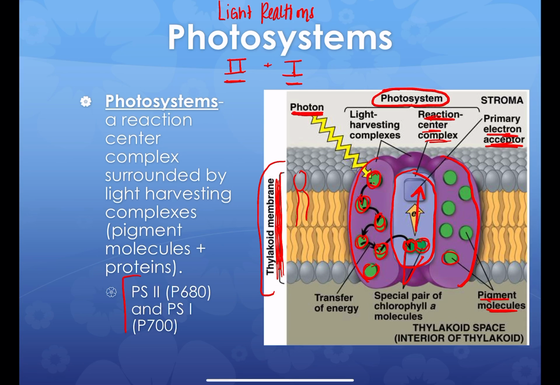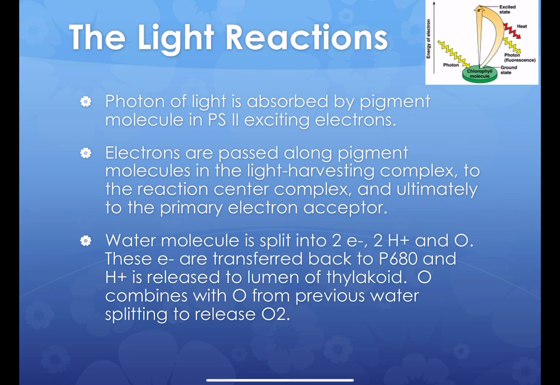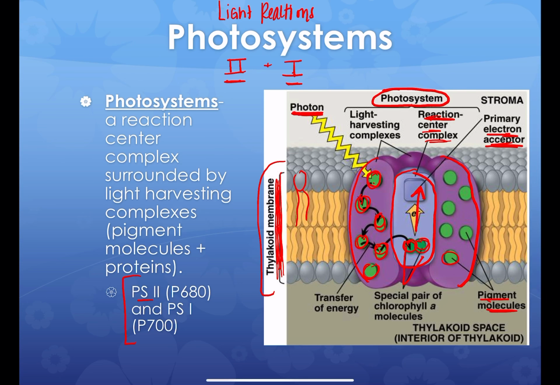Now, down here at the bottom, photosystem 2 is sometimes referred to as P680, and photosystem 1 is called P700. Those numbers represent the wavelength of light where they best absorb light. So PS2 is going to best absorb at 680 nanometers, and then P700 best absorbs at 700 nanometers.